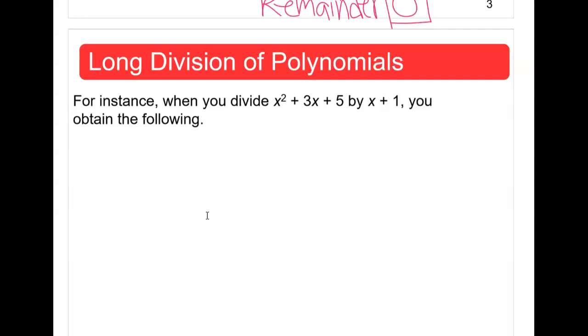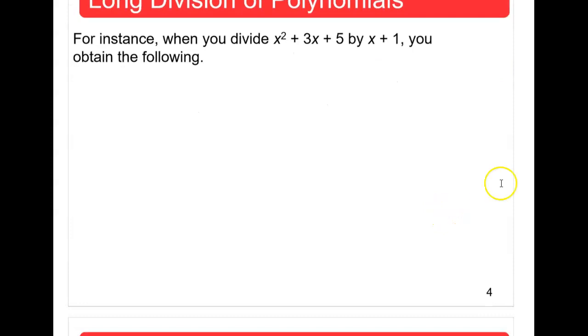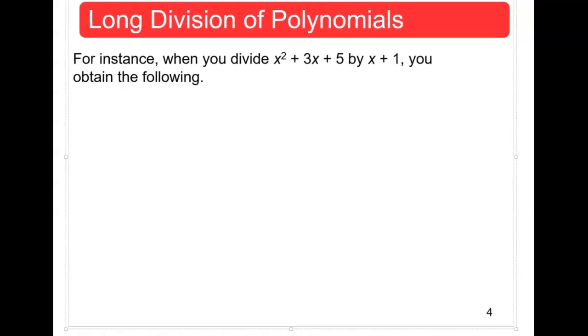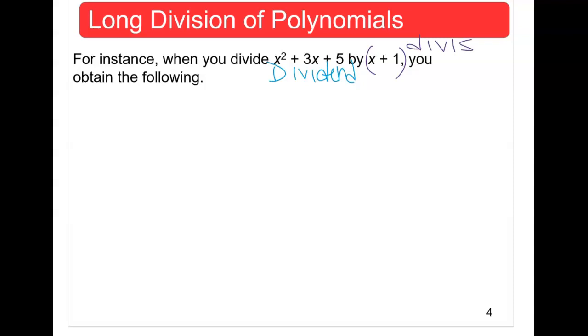Okay, so let's do another long division with polynomials here. And we have the dividend, this is what is being divided, and here x plus 1 is going to be the divisor.